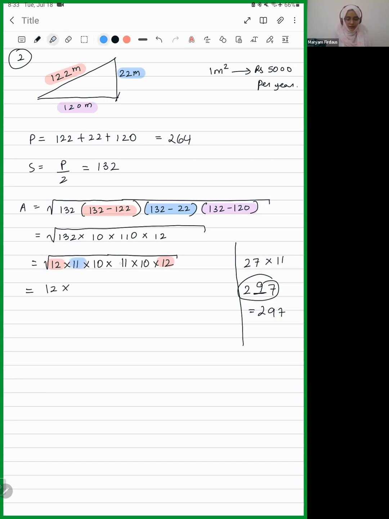We take one 11 out. Then we have 10 into 10. So we take a 10 out. And that's it. We are not left with anything else inside the bracket. So that is all that we have. 132 multiplied by 10, which is 1320 meters squared. Okay.